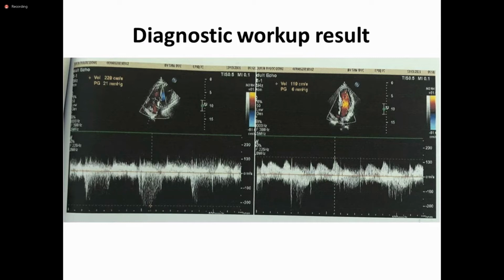Okay. How about a nuclear medicine stress test? How much does it cost in Vietnam? Oh, I don't know, but we don't do that in Vietnam. I asked the professor about that, but he said that we don't do it in Vietnam.